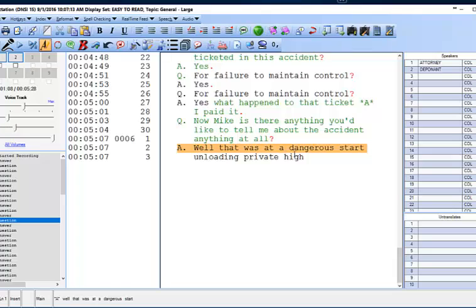Echo: Well, that was a bad day to start. A whole weekend of rapid high.